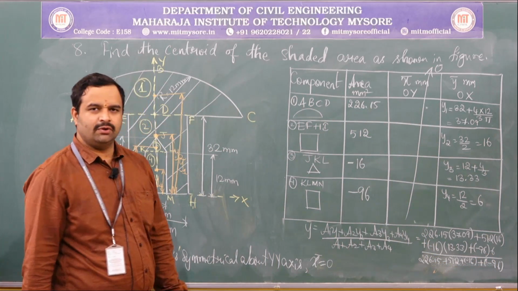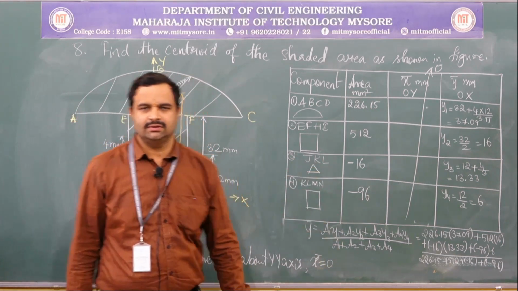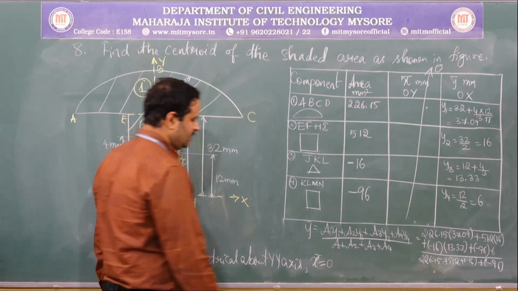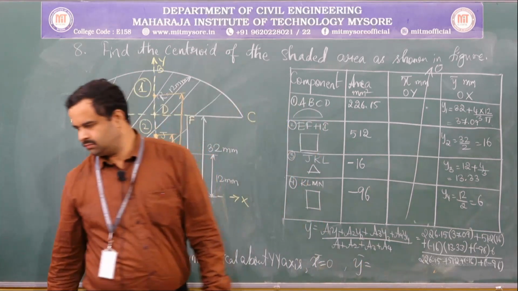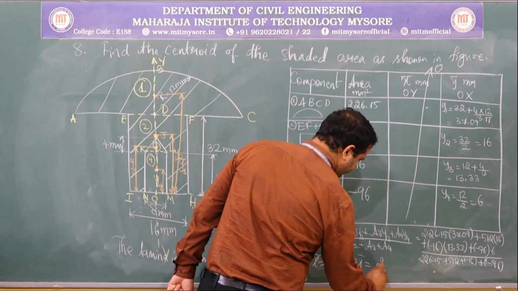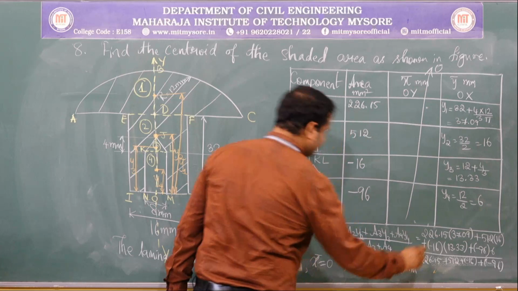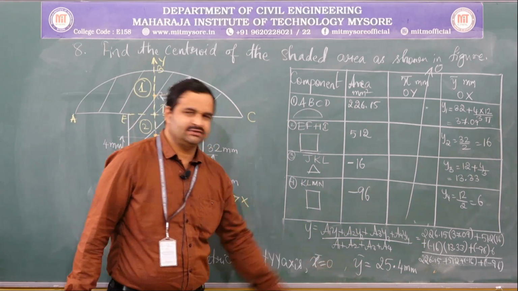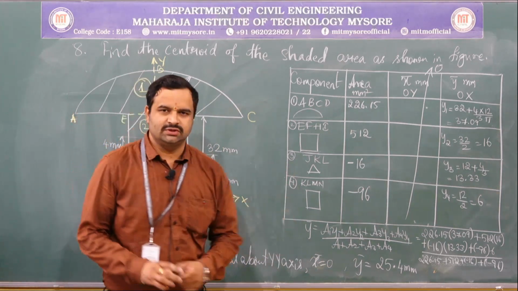So, this is how you are going to substitute the values of the negative areas. Okay. So, now after substituting, you can write the y bar equals to 25.4 mm. So, the x bar is 0, y bar is 25.4 mm. I hope you have understood this.